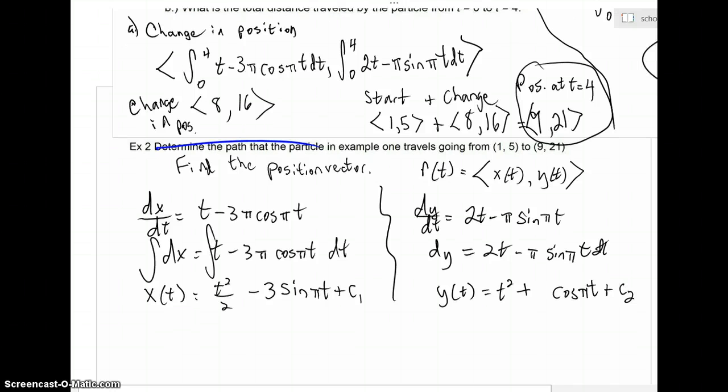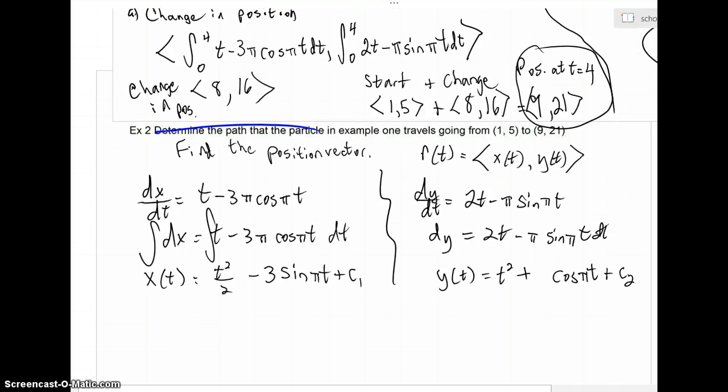Well, right now we're pretty close to having our position. But if we're going from 1 comma 5, that means that t equals 0, x equals 1, y equals 5. That's what 1 comma 5 is really saying. So if you go from 1 comma 5, you're implying that's what happens when you let t equal 0. So I'm going to let my x equal 1. I'm going to let my t value actually equal 0.